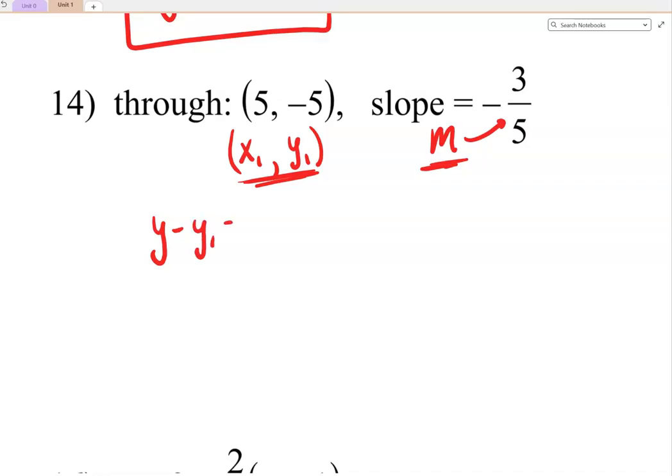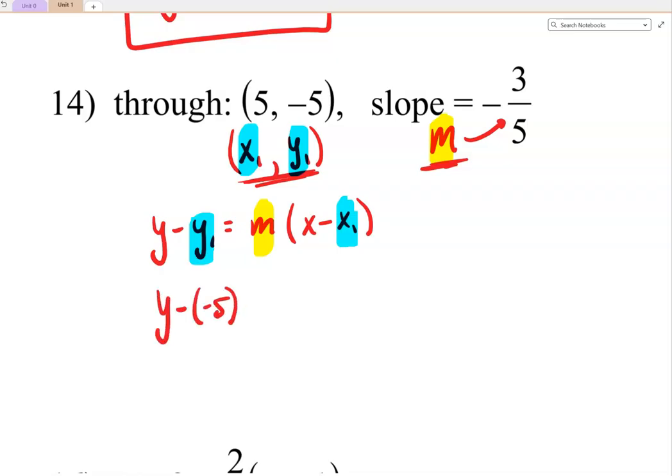Y minus y1 is equal to m times x minus x1. We'll replace the y1 and x1 from the coordinate that's supplied, and we'll replace the m value with the slope that's supplied. So y minus negative 5 equals negative 3/5 times x minus 5.